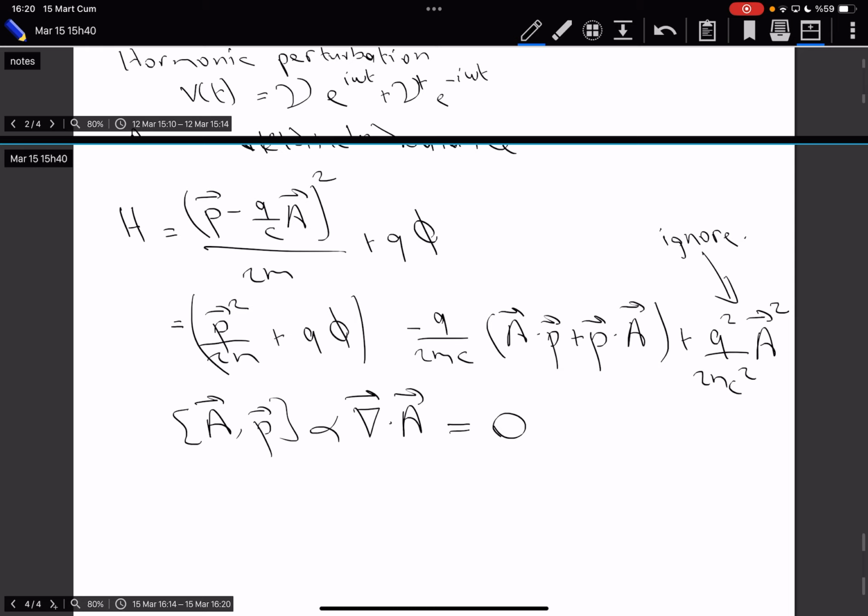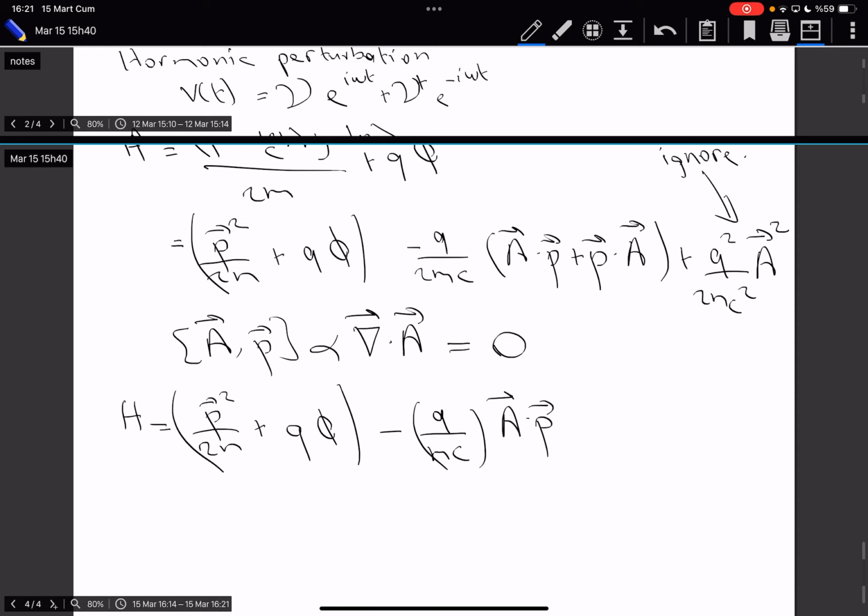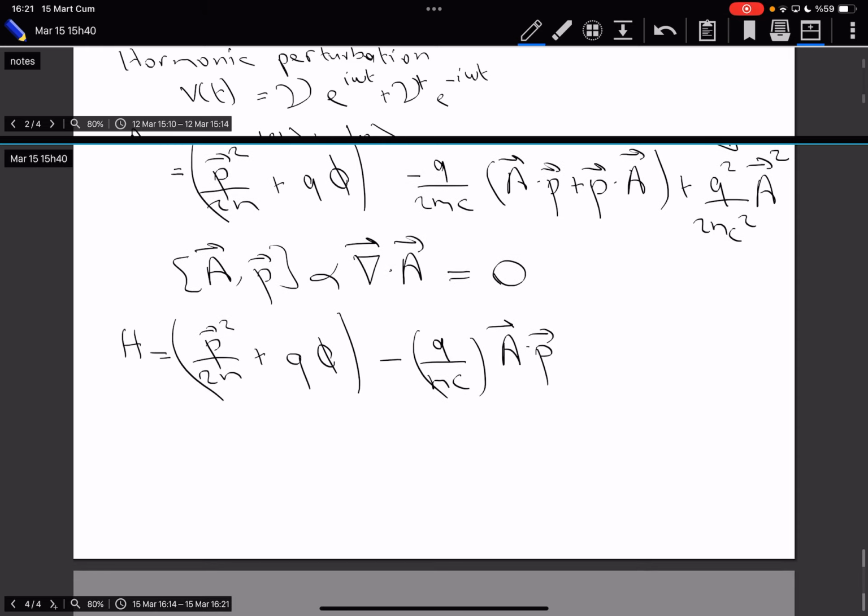We will look at such vector potentials. So in that case, the Hamiltonian of the system is P squared over 2m plus Q phi. Well, this is the unperturbed atom. And then we have minus Q over MC A dot P. This is H0. This is V. It depends on time t.